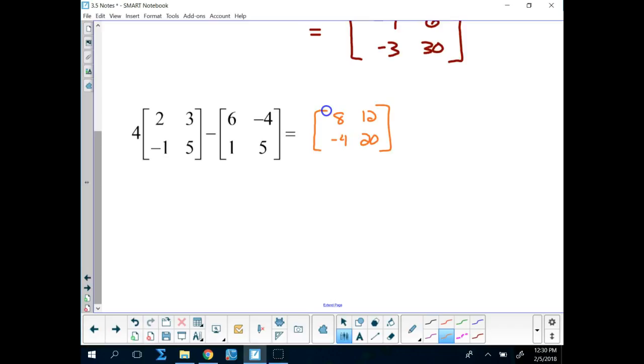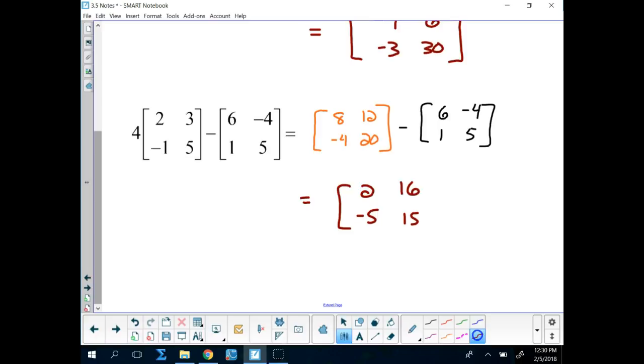And we are going to subtract from that the 2 by 2 matrix 6, -4, 1, and 5. 8 minus 6 is 2. 12 minus -4 is 16. -4 minus 1 is -5. 20 minus 5 is 15. So our resultant matrix is a 2 by 2 matrix, 2, 16, -5, 15.